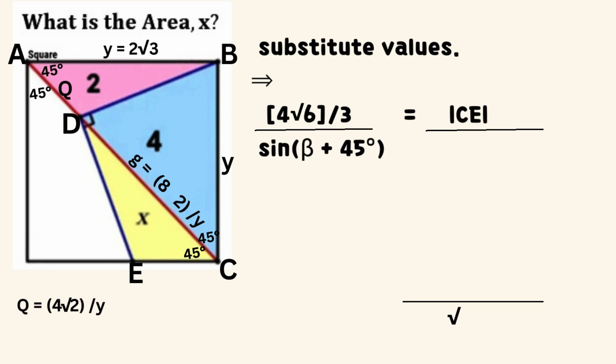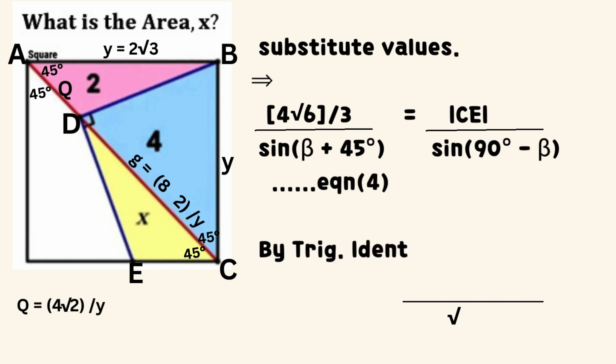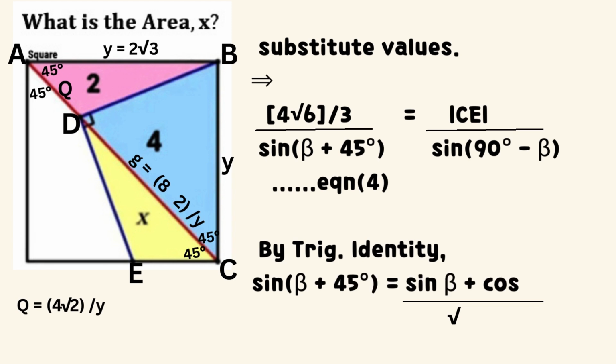Substitute values. We obtained equation 4 as shown on the screen. By trigonometric identity, sine of the sum of beta and 45 degrees equals the sum of sine beta and cosine beta, all divided by the square root of 2.